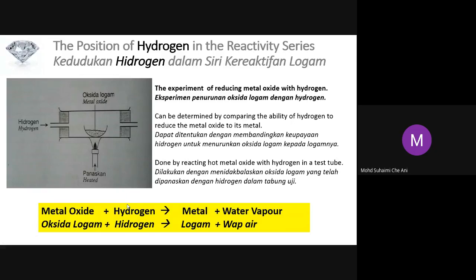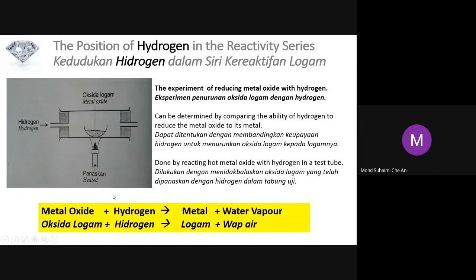So this is what the experiment wants to do. They want to know the position of hydrogen in the reactivity series. But in this case, hydrogen is in gas form while carbon is in powder form. So you cannot mix it directly like what we did when we mixed the metal oxide and carbon.